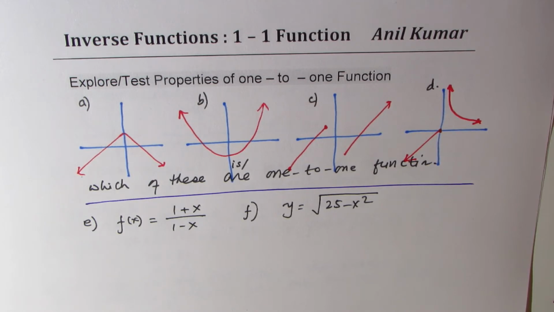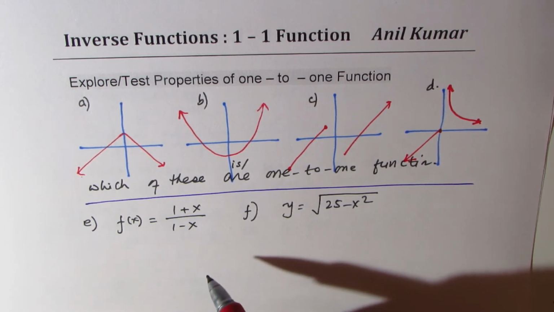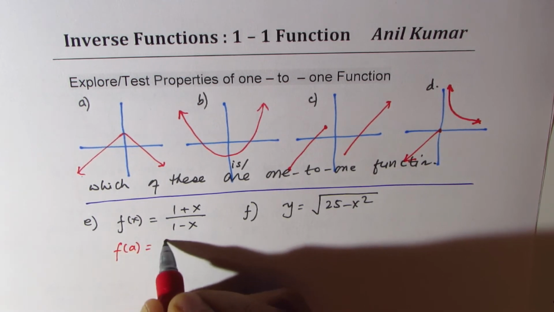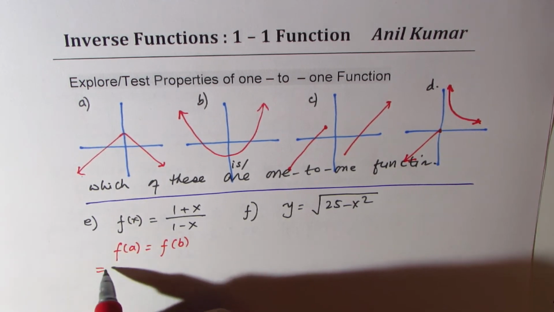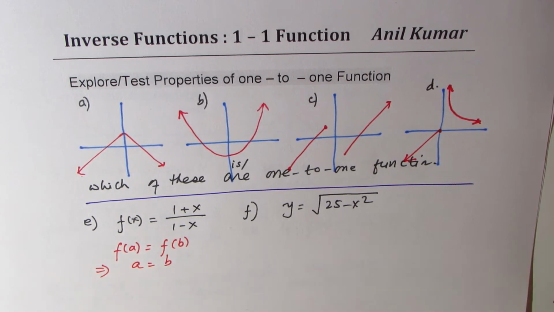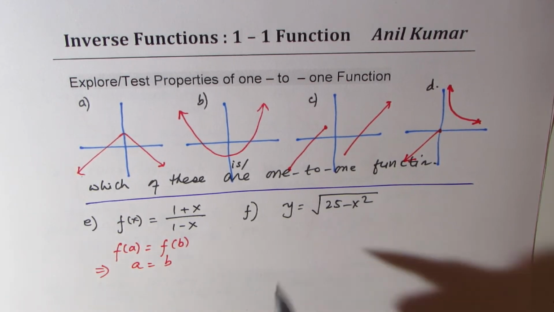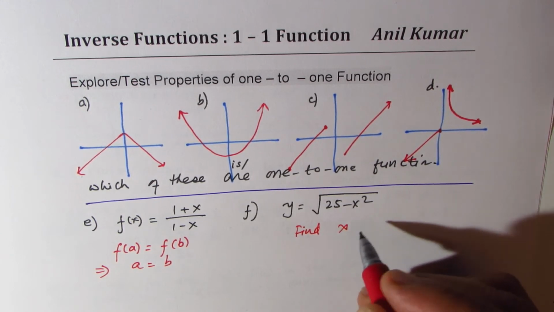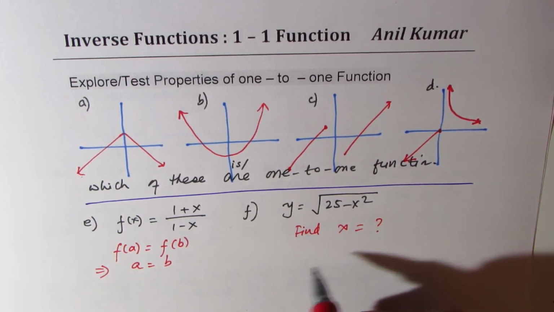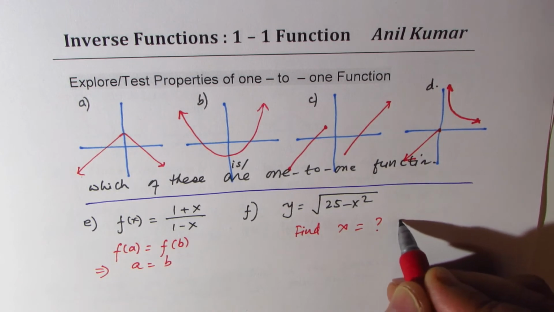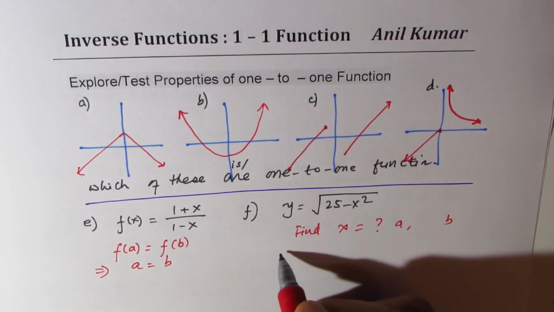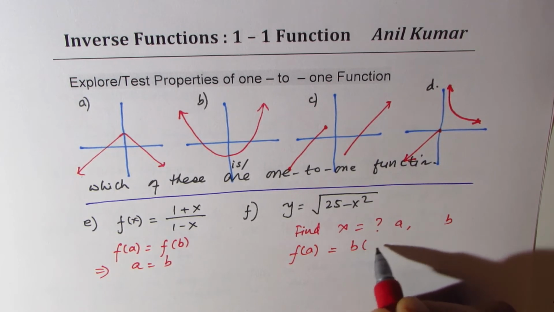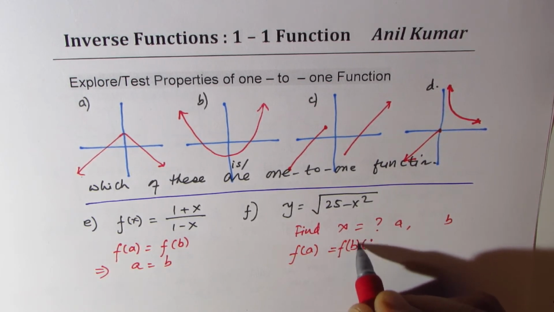So use the property which we talked about, that f of a equals f of b implies that a equals b. Now in this case, you can find points, find x equals something, let's say a and b, so that f of a equals f of b, right?